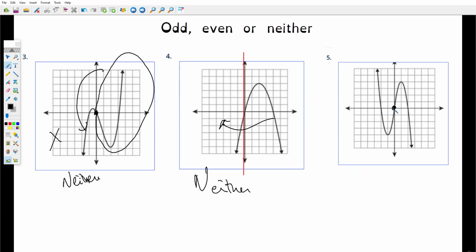This one, take the origin. I can spin it around to get to there, so it's odd. On the test, you'll have to tell from a graph or from an equation whether it's odd, even, or neither.